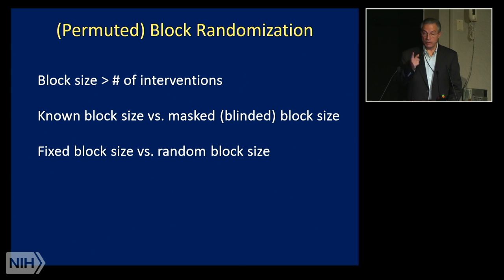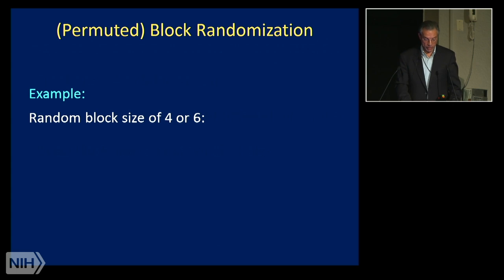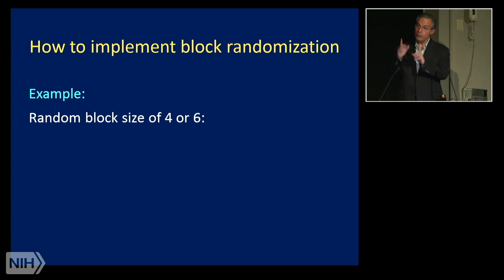And now a little bit to answer the question: a fixed block size versus a random block size. Statisticians like to make things a little more complicated, so we came up with this random block size. The goal is to make it even less predictable. So now the block size could be 4 or 6.